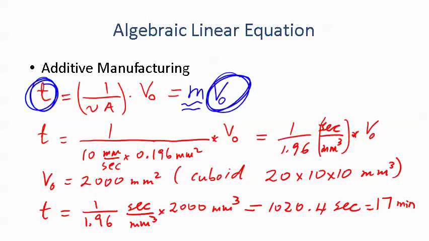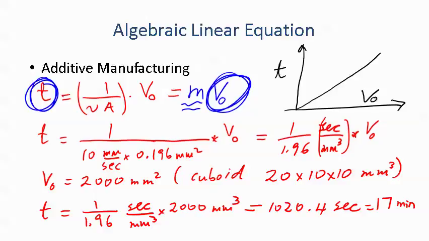So we could easily draw the line, and we observe that at volume 0, the time is 0, and then there is a linear relationship, with volume being the independent variable and time being the dependent variable.